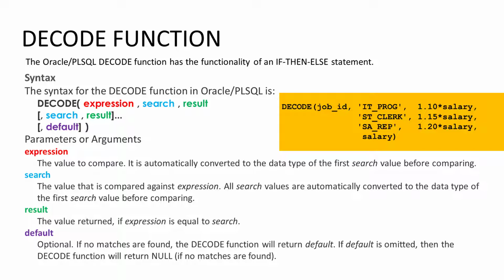In result we call the salary column to be multiplied by 10% if it is IT programmer. After that we write another search and result, that is store clerk should get 15%. After that we write sales representative gets 20%. If the employee is not in IT programmer, store clerk or sales representative job ID, then the salary doesn't have any change. So that is the default value.